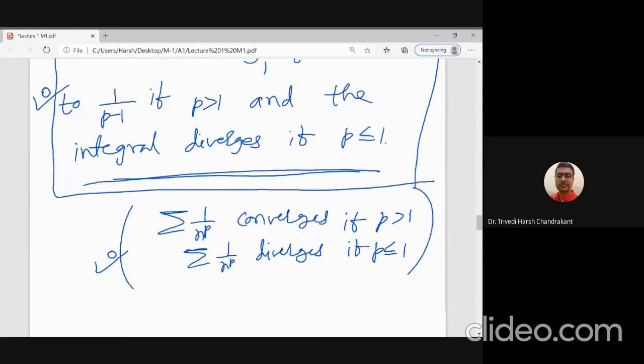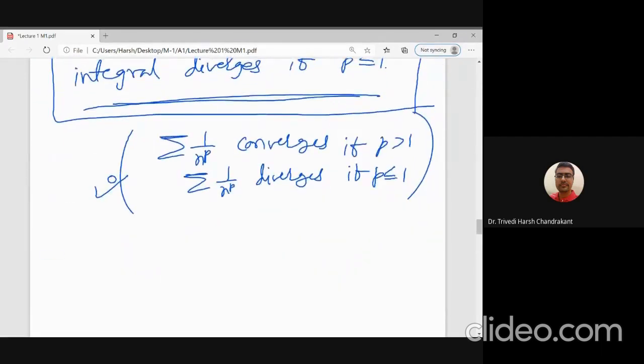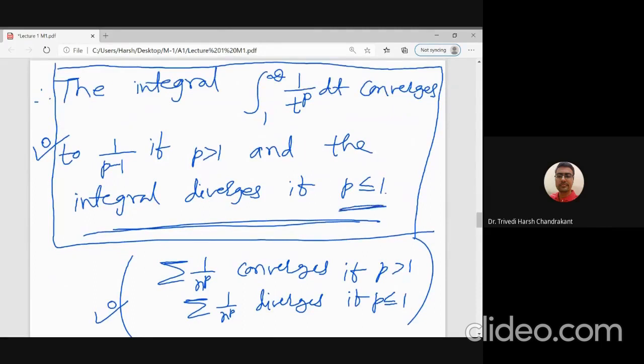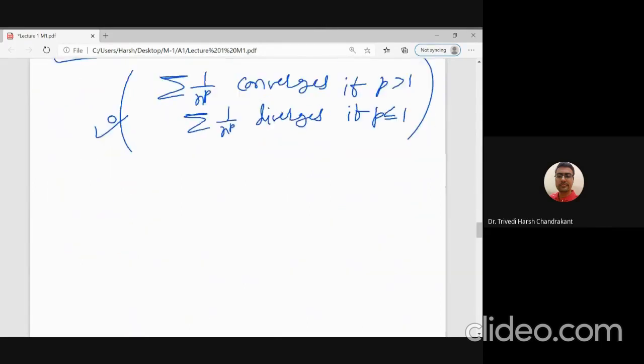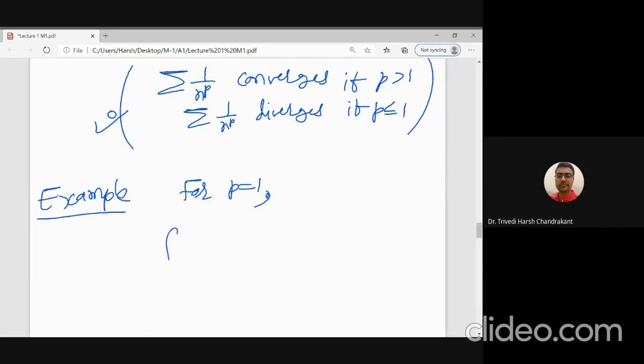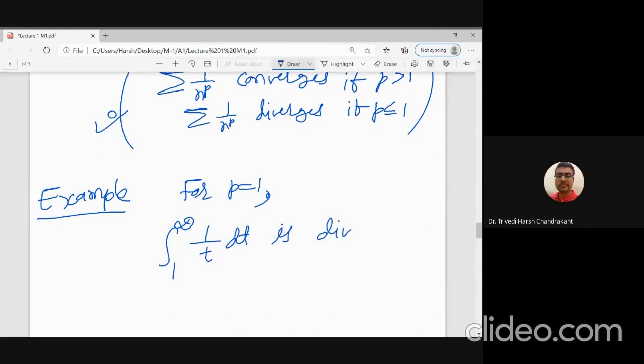So for example, as a special case, for p equal to 1, the integral is divergent. So for p equal to 1, 1 upon t power p is 1 upon t, and the integral of 1 upon t dt is divergent.